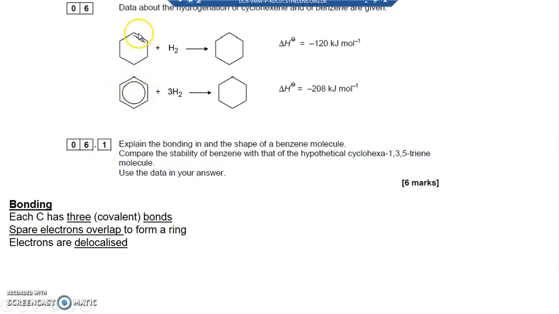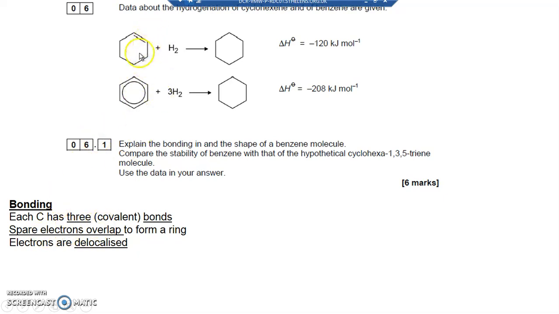That's the best way of saying that the double and single bonds don't really exist, and that there's delocalization, there's some movement of electrons, so we don't get doubles and singles, we get movement of electrons. So the spare electron, the 4th electron that should be in a bond, overlaps.